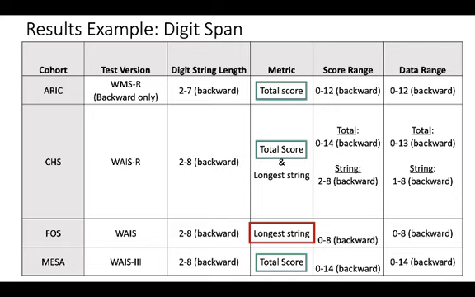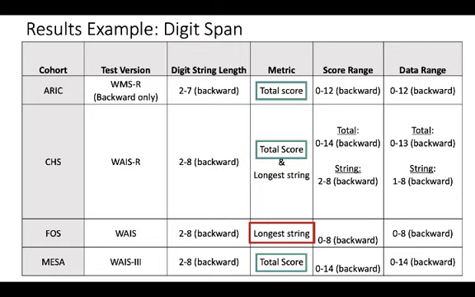So we had four cohorts that gave the digit span and 4 different versions of the digit span test. What I extracted for this one is the number of strings of digits that they were exposed to across the different test versions. Interestingly, the WMS-R had a maximum of 7, whereas even the WAIS-R was different. They had up to 8 digits.